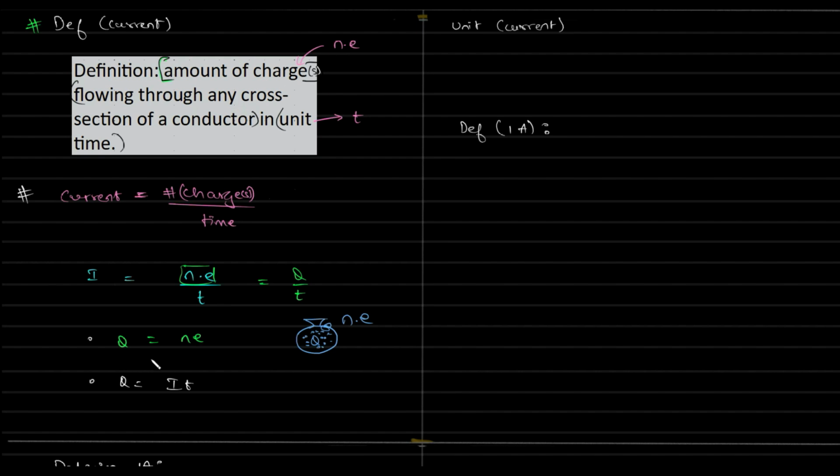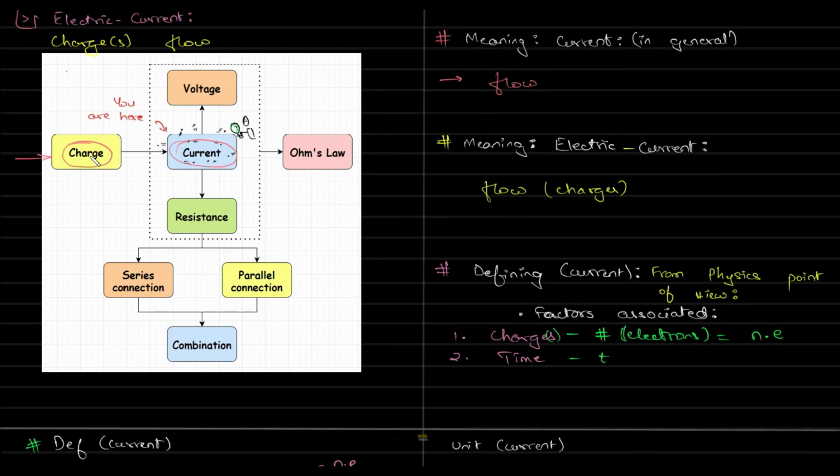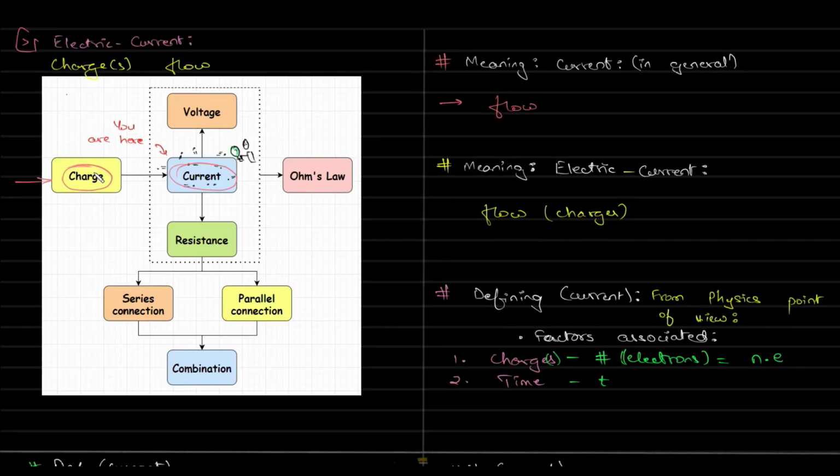Right? Again, I'll repeat. We understood charges as a basic, fundamental part of matter. So we can't define it, but we can see the effect of it. Then we saw that if they start moving across, we call that electrical current. So basically, it depends on the number of charges and the time it takes.